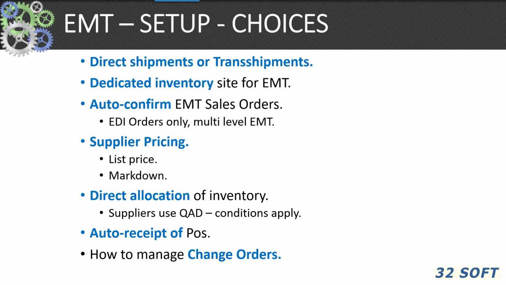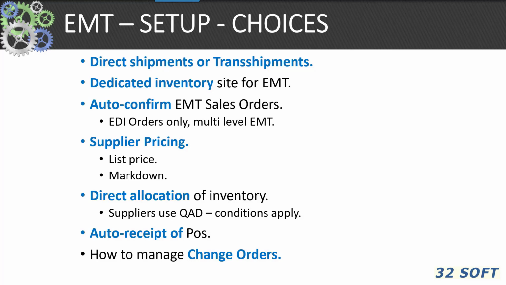Some questions you're going to have to consider: are you going to use direct shipments or transshipments? That's the biggie, because it has different flows for those. Are you going to have a dedicated inventory site or location for EMT? A unique location might be a good idea. Do you want automatic EMT sales order confirmations?